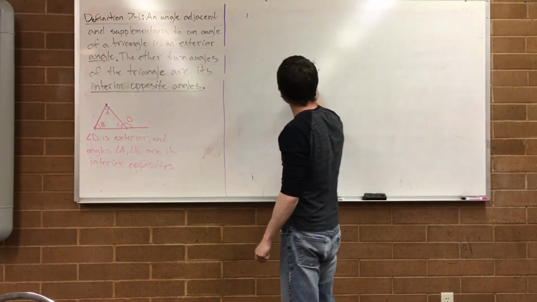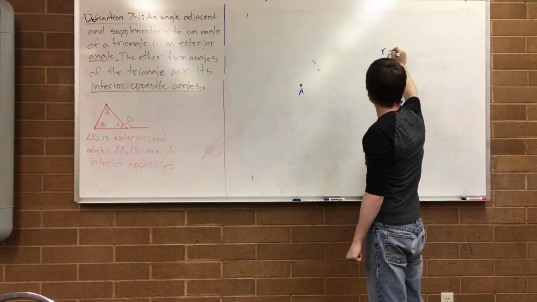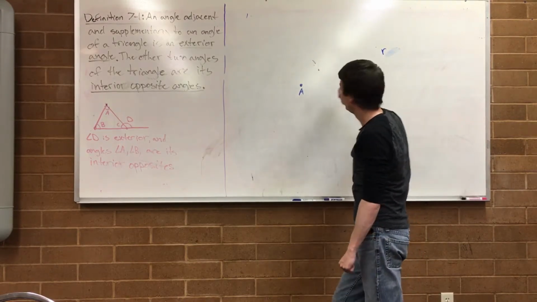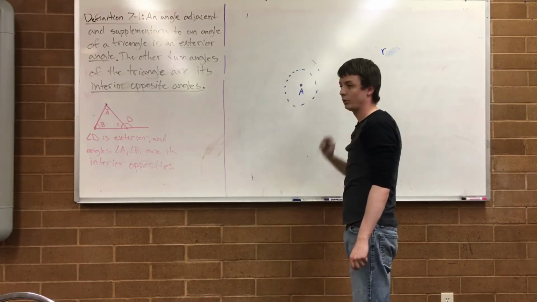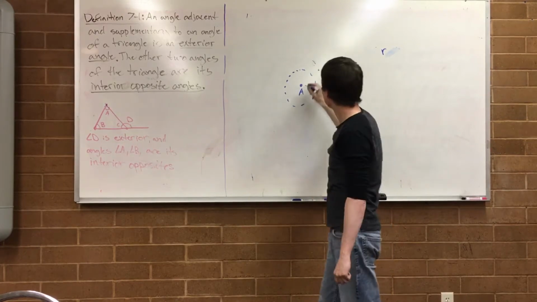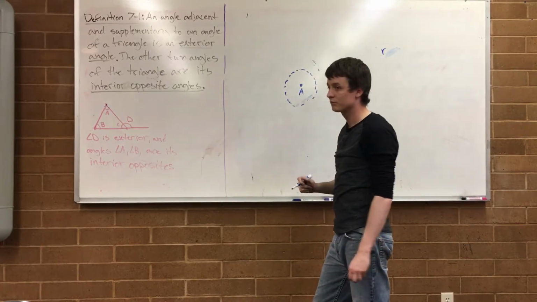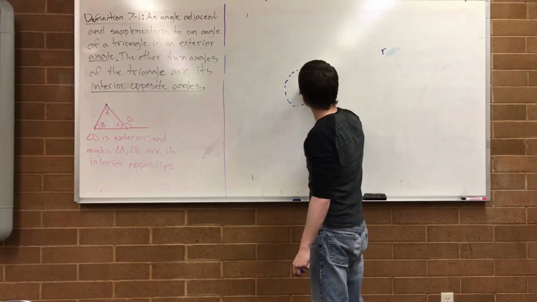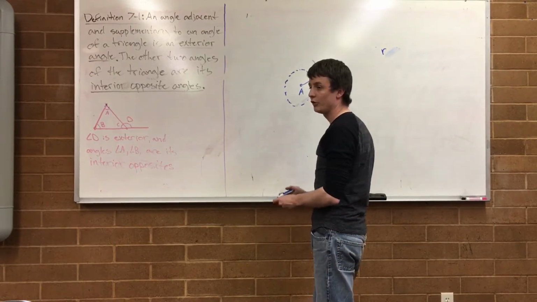Given some point A, and some number R greater than 0, a circle is the set of all points that are R distance away from A. So if we're given a point and some distance, a circle is the set of all points that are that distance away from A. The distance from A, which we call the center of the circle, to any one of those points we call the radius.